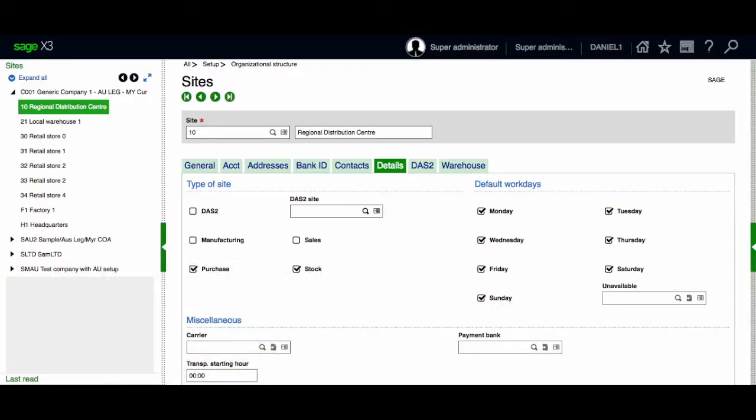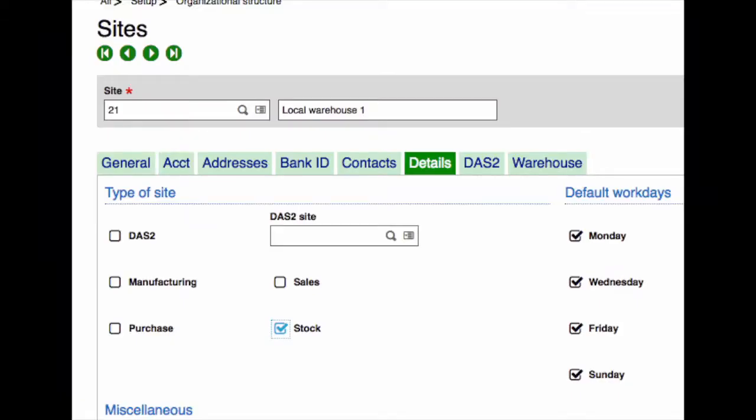For regional warehouse, we set it to type purchase and stock. We assume this regional site makes purchasing decisions as well, in addition to being a storage site. For local warehouses, we only set storage site.